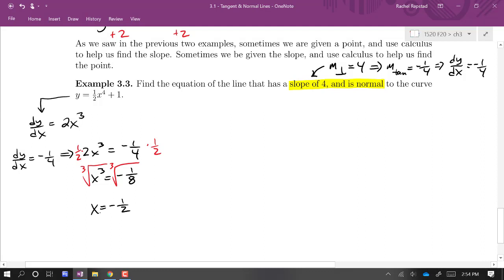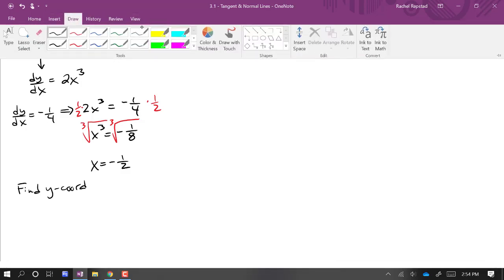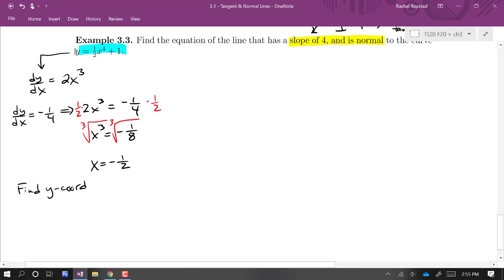So I know the x coordinate of the point. We need both coordinates in order to find the equation of the line though, so now we're going to find that y coordinate. You find a y coordinate by using the original function. We're finding a y coordinate, not a y prime coordinate. So plugging negative 1/2 in for x in the original function, we get 1/2 times negative 1/2 to the 4th plus 1.